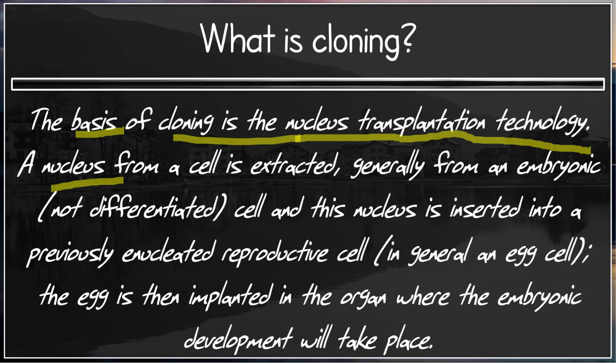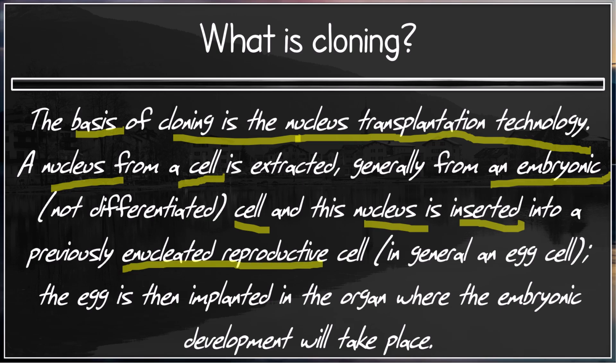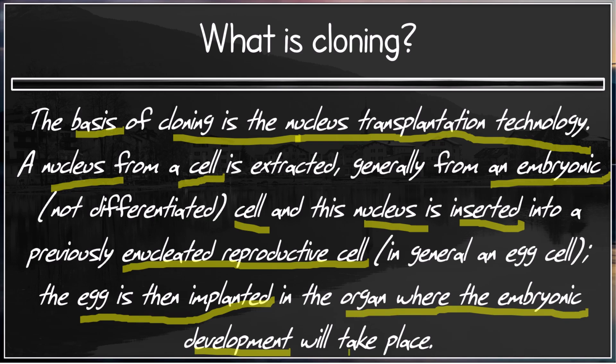A nucleus of a cell is extracted from an embryonic cell, and this nucleus is inserted into the previously enucleated reproductive cell. The egg is then implanted in the organ where the embryonic development will take place.